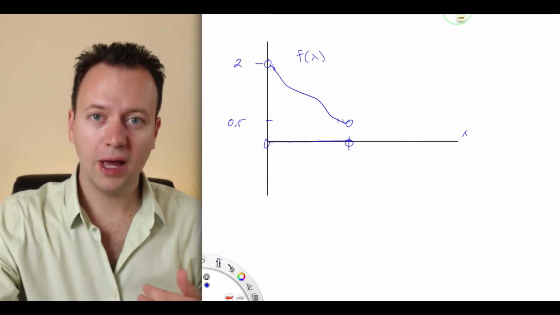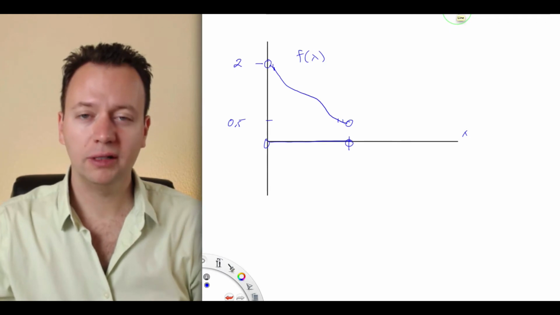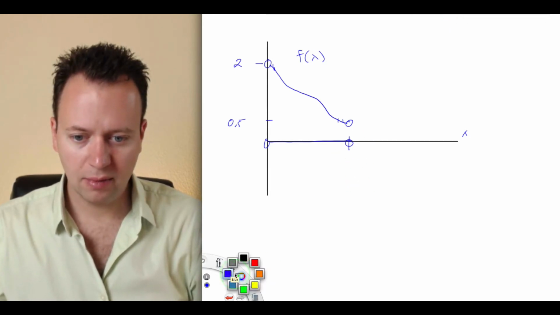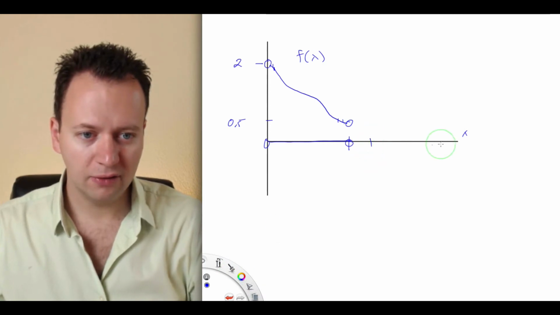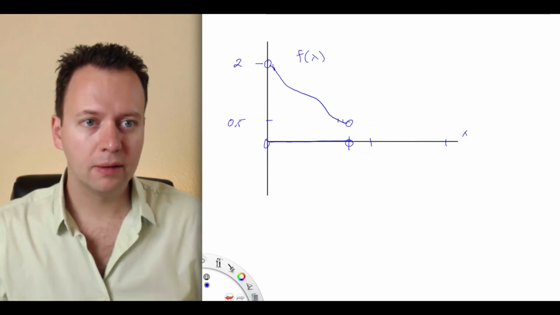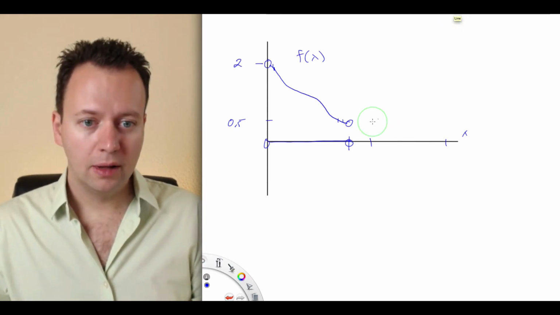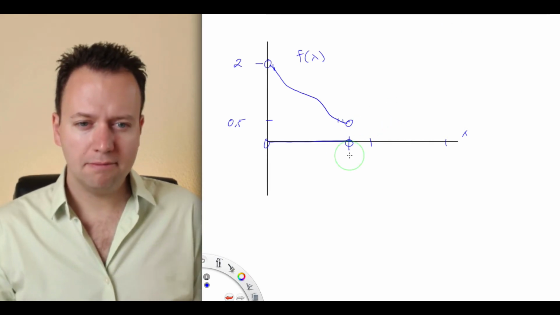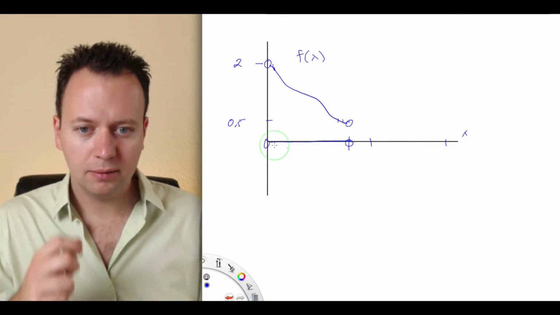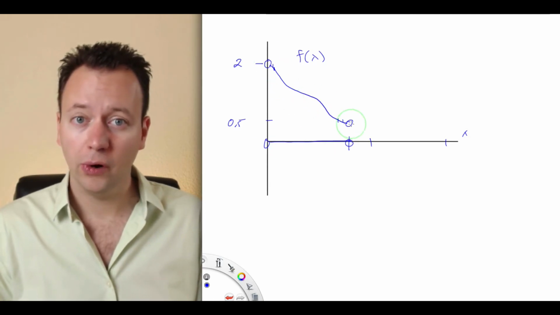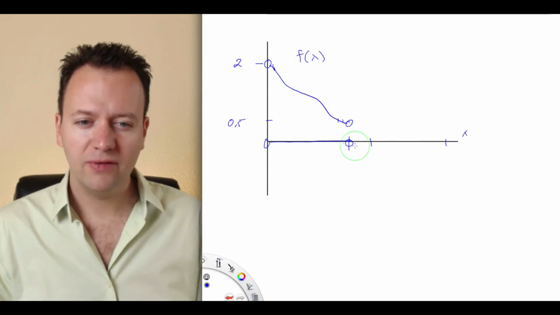Another way in which a function can fail to have a local minimum or a local maximum: let's say we have a domain that goes from here to there, with a vertical asymptote. You might say we fail to have a local maximum and minimum because we have no critical points in the interior, and also we have this open interval.